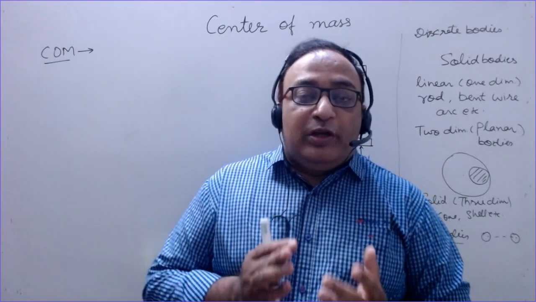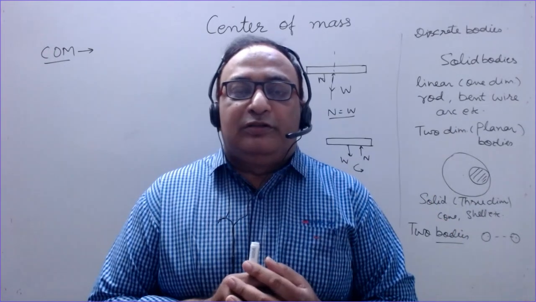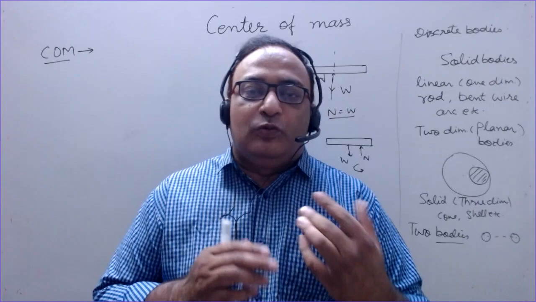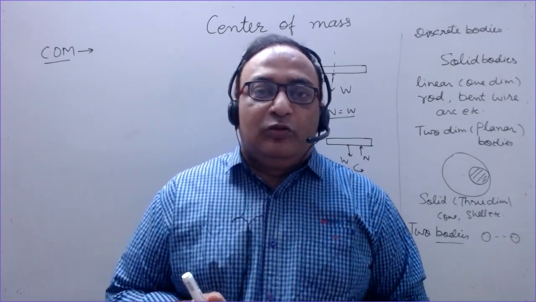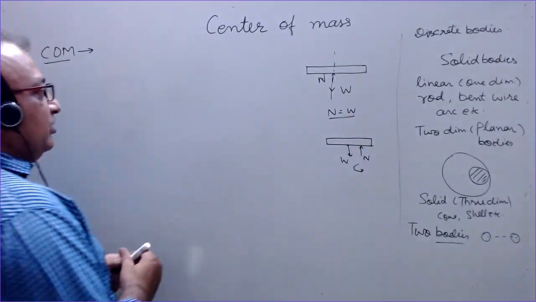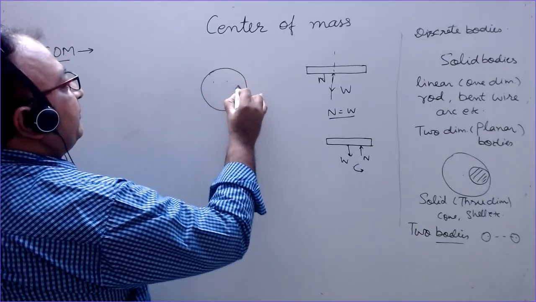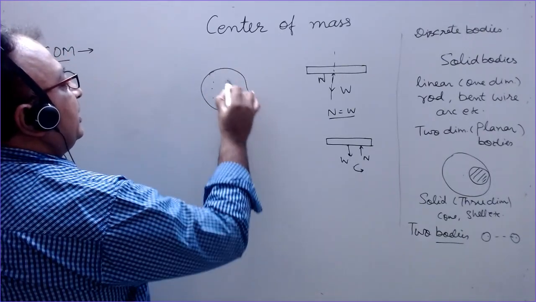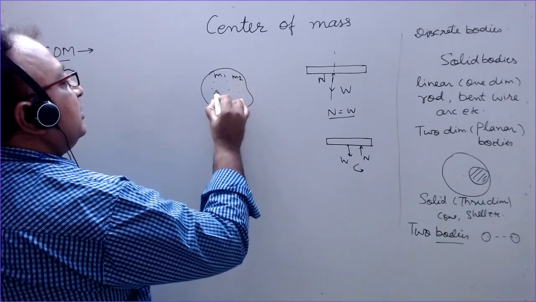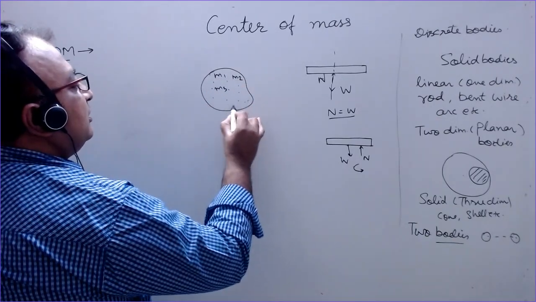So a body has small particles, minute particles, each having its own mass. So this body can be divided into very small particles, suppose we have this one. So it can be divided into numerous small particles, M1, M2, M3, M4 and Mn.